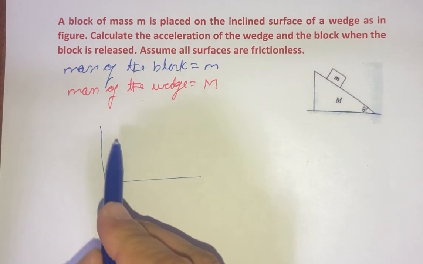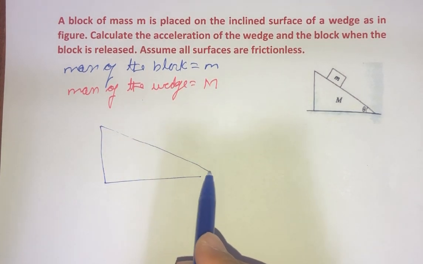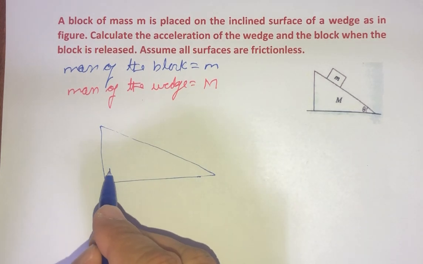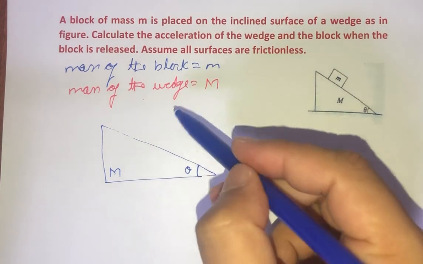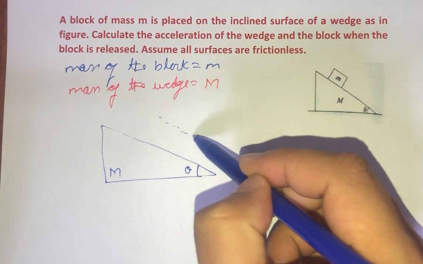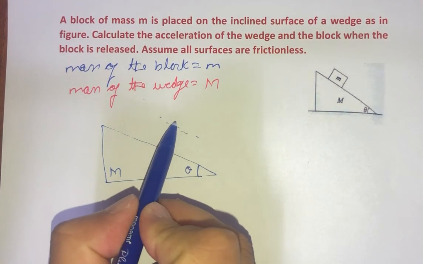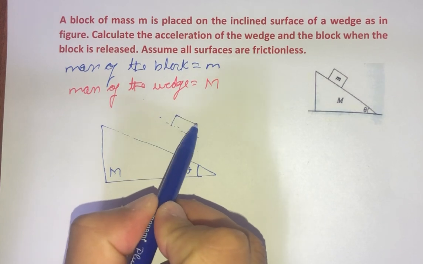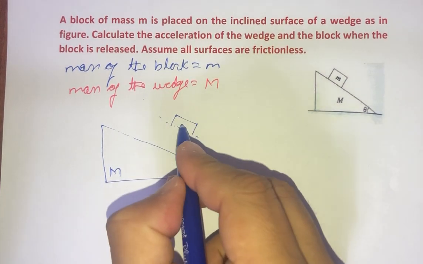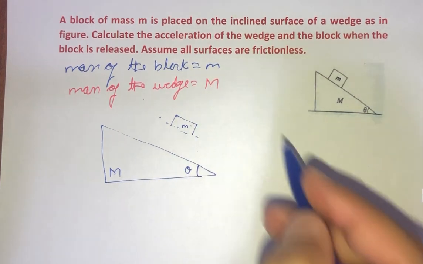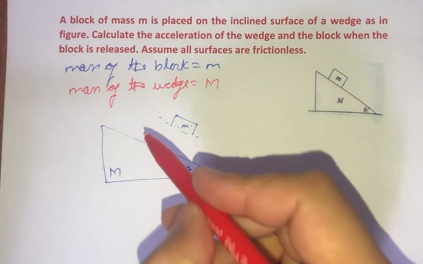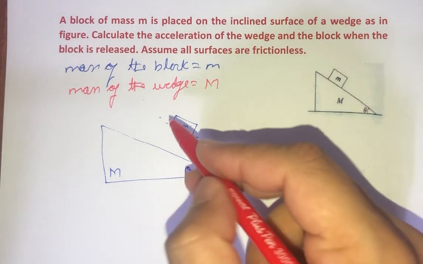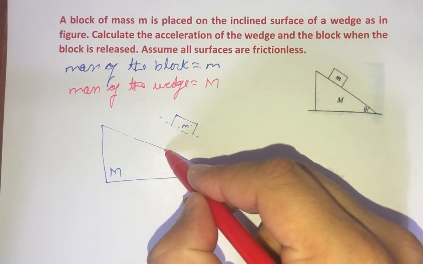This is the wedge which is having the mass of capital M, angle is given as theta, and somewhere here we draw block mass small m. Now there will be a normal interaction between capital M and small m. Okay, we can draw it like this.